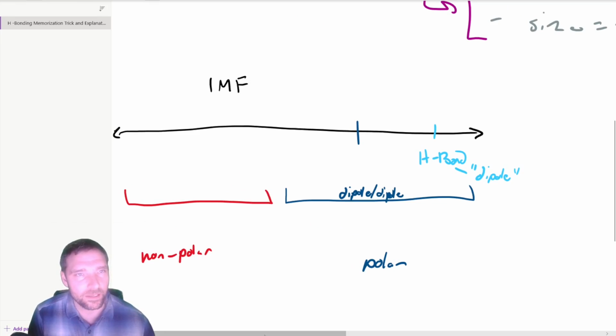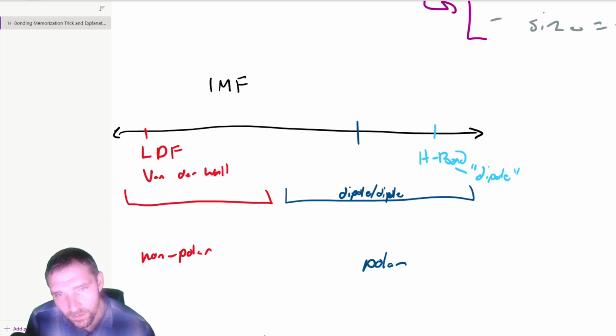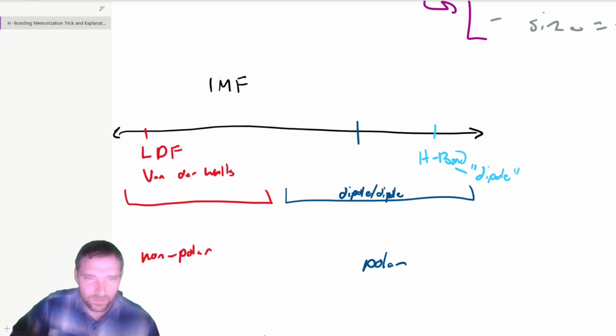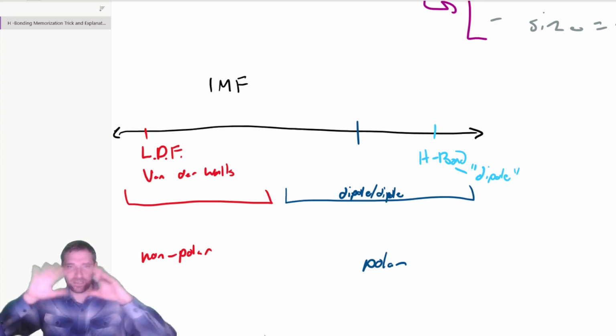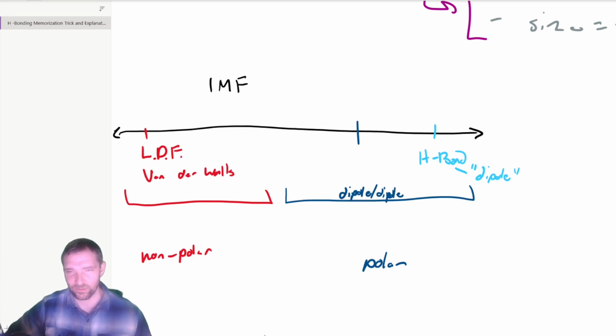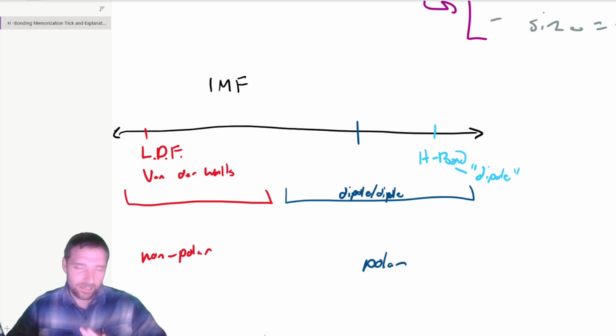And then if we're talking about these other ones, this might be like your LDFs, those London dispersion forces, or van der Waals. You don't really need to know the difference between the two of those for the AP level, but one basically is like even distribution of charge. One has like maybe a positive core and a negative outer layer, but geometrically they cancel out on all the sides. So there's like symmetry. But in any case, those are going to be things for non-polar compounds, and they're much, much weaker.